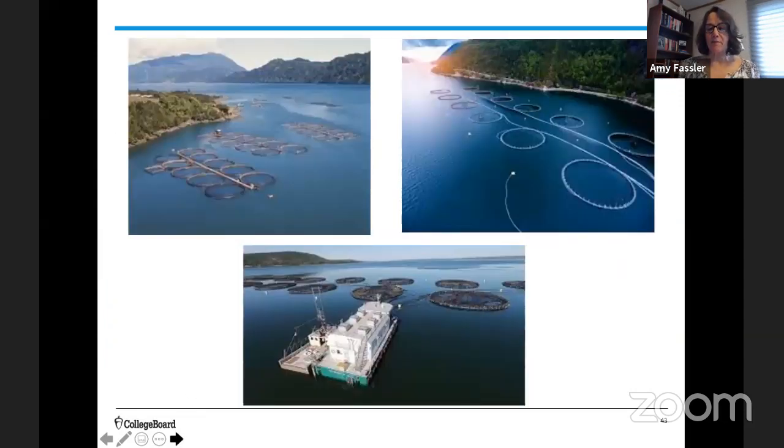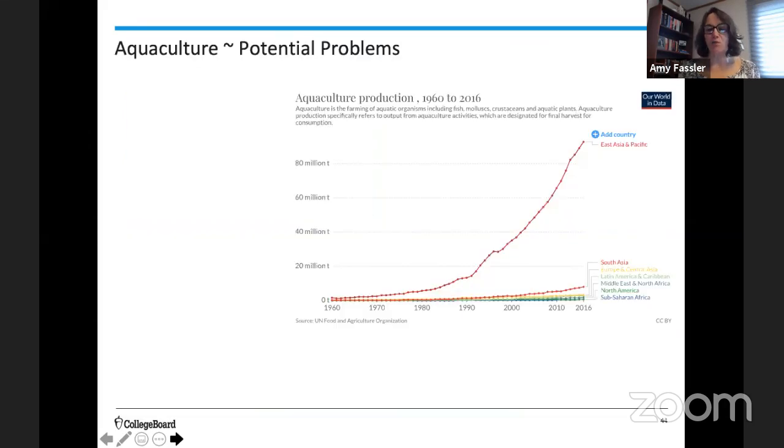If you remember when you studied this in your class, we really can describe these large aquaculture operations as CAFOs on the water. You talked about CAFOs with Dr. Sowell, that concentrated animal feeding operation. All of the problems associated with the CAFO on land correlate to problems associated with large scale industrial aquaculture as well.